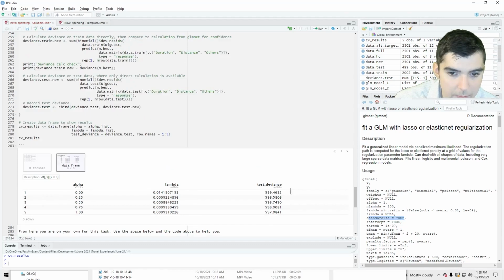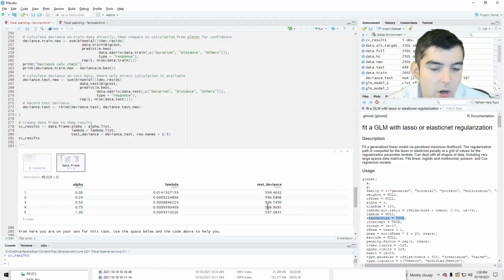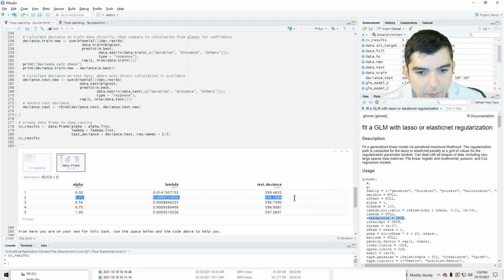So this is, I don't know if higher or lower is better, but I know that I have to choose one of these models. So I know right away that it's either going to be the highest value, 599, or it's going to be the lowest, 597, because it's an optimization problem.